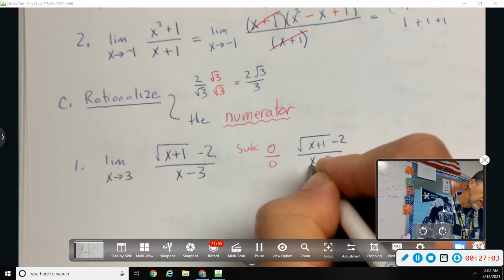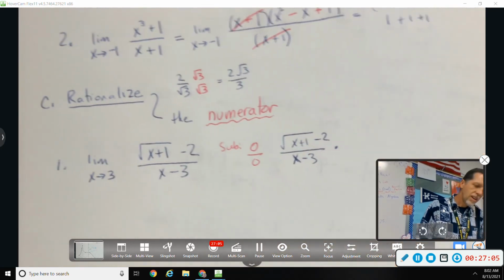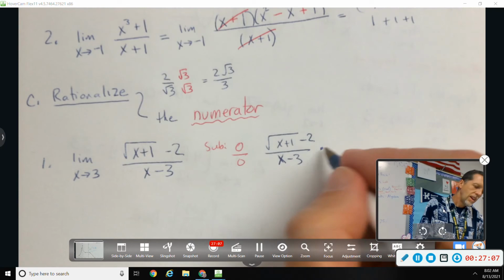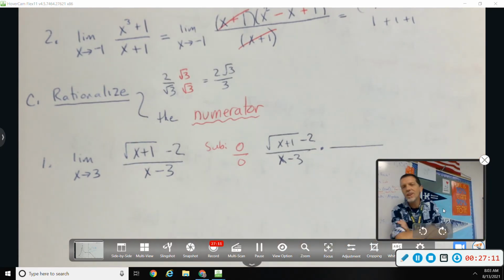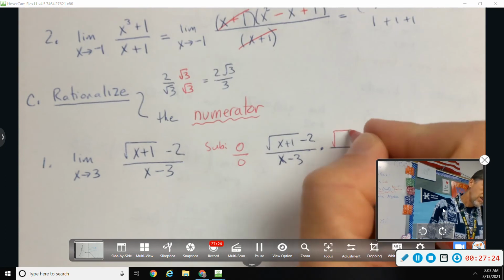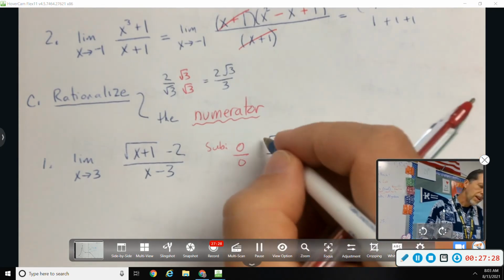the numerator. Now, it works the same way as it did in pre-cal. So do you know, or can you guess what you would multiply the top by to fix it? You're on the right track, square root of x plus 1, but that's not all.